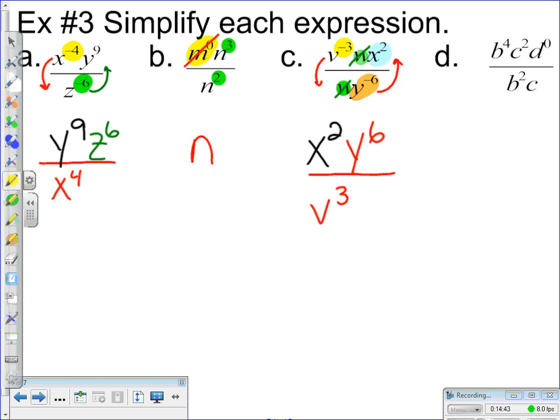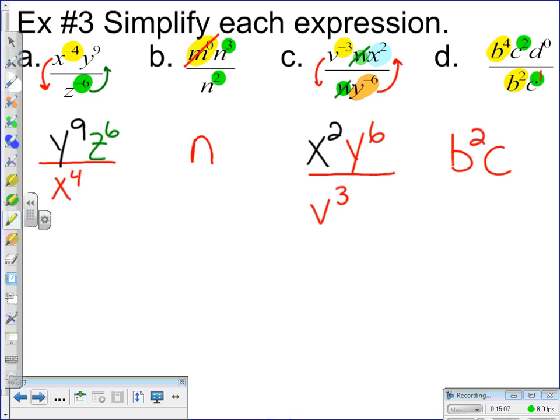And lastly, in D, b and b, so I'm going to subtract those. 4 minus 2, that's 2. c and c, 2 minus 1 is 1 c.